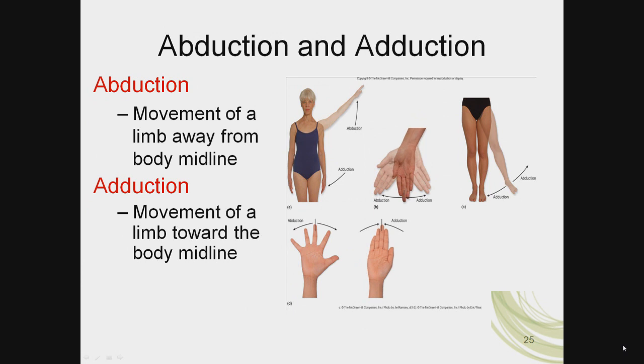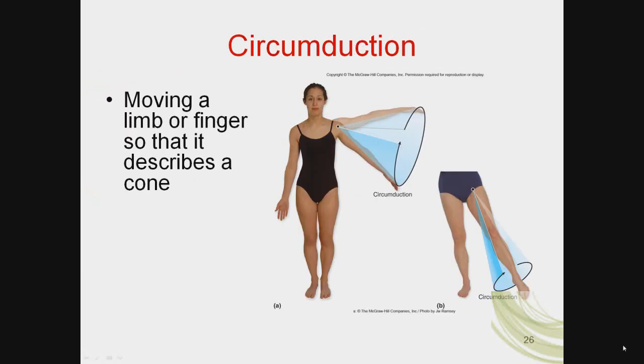So now you can do your jumping jacks by saying abduction, adduction, abduction, adduction. Adducting the wrist, also known as ulnar deviation, involves pointing the hand and fingers medially towards the body. Abduction and adduction of various body parts are shown in your textbook.